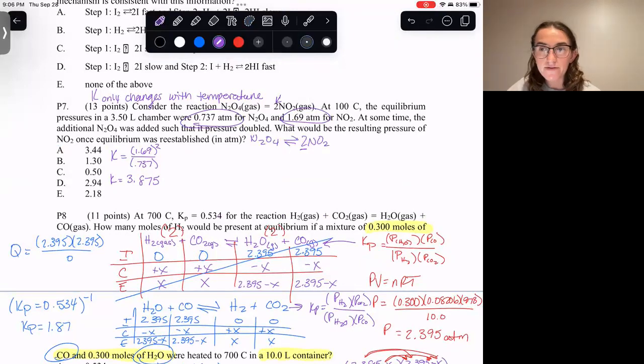Okay, so now that we have our K established, we're saying that at some point additional N2O4 was added such that the pressure doubled. So what is our pressure of N2O4 now, when it's doubled?